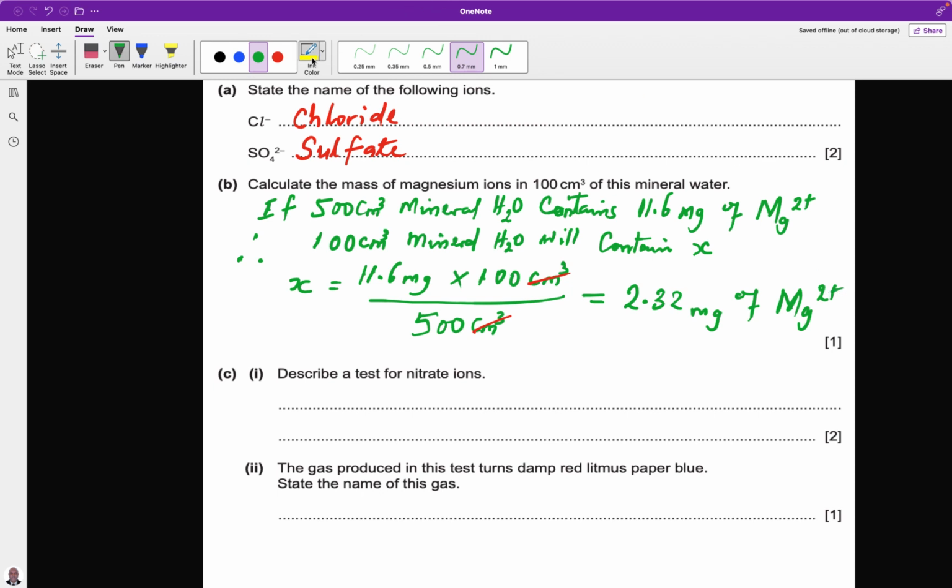That will be our answer: 2.32 milligram of magnesium ion.